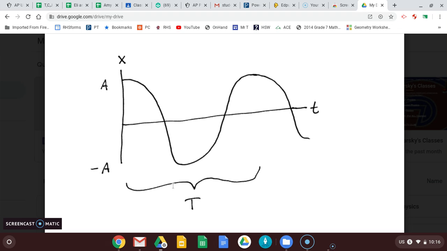And the time period is the time it takes for one full cycle. Now, one full cycle would be from max amplitude to the next max amplitude, not max to min. Max amplitude to the min amplitude represents only 1/2 of the time period. So that's just a visual that you can get from understanding the graphing nature of some of this.